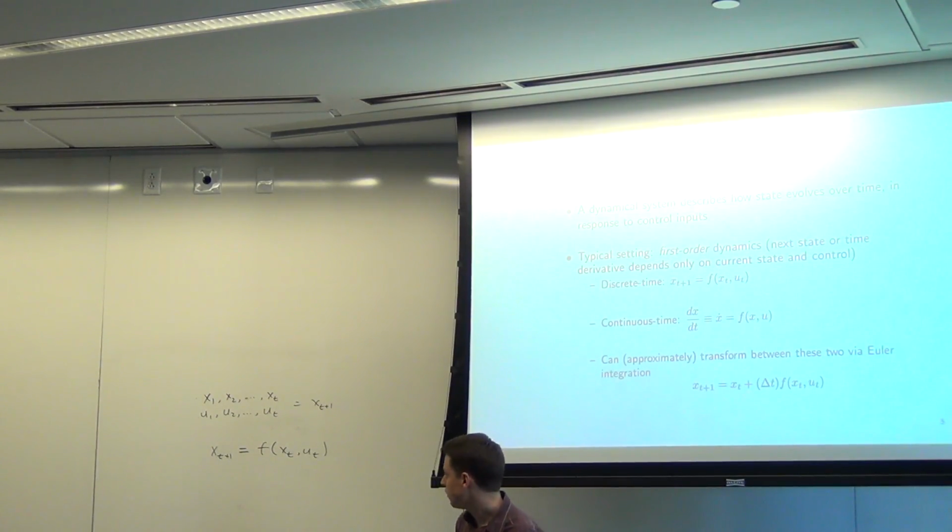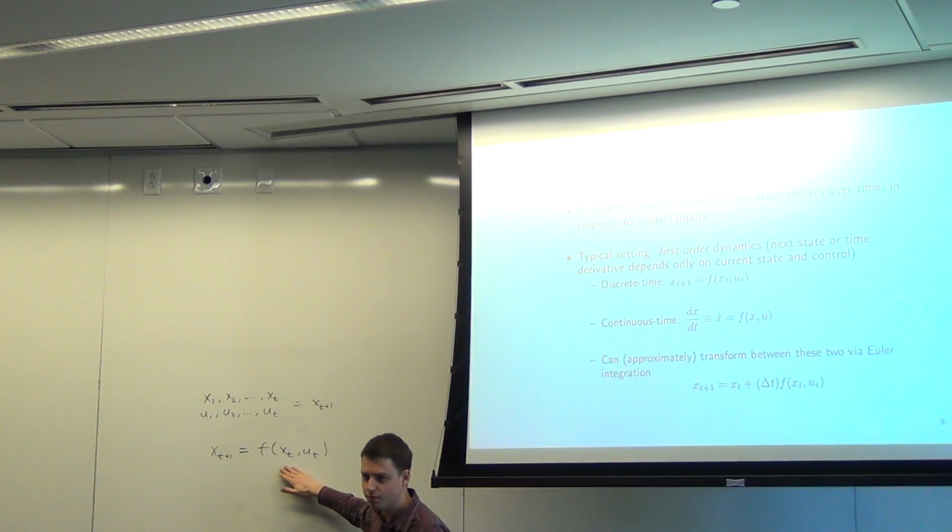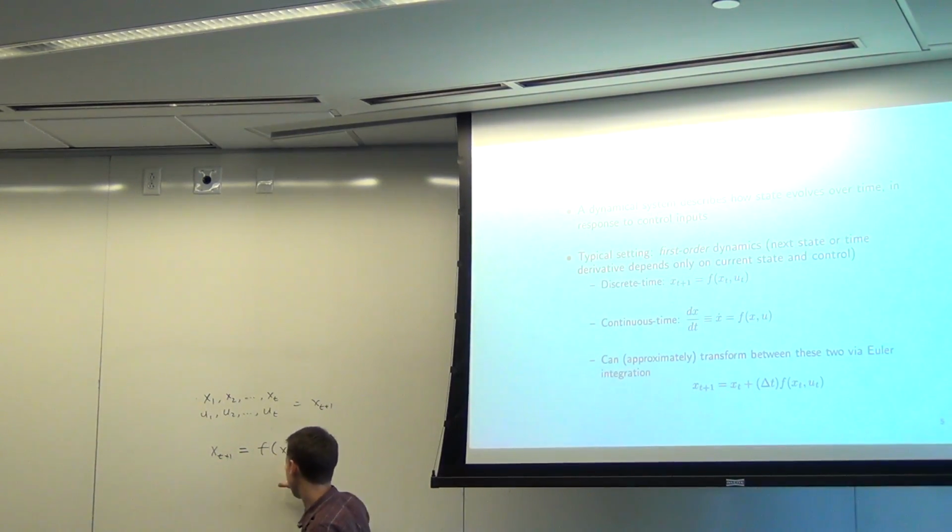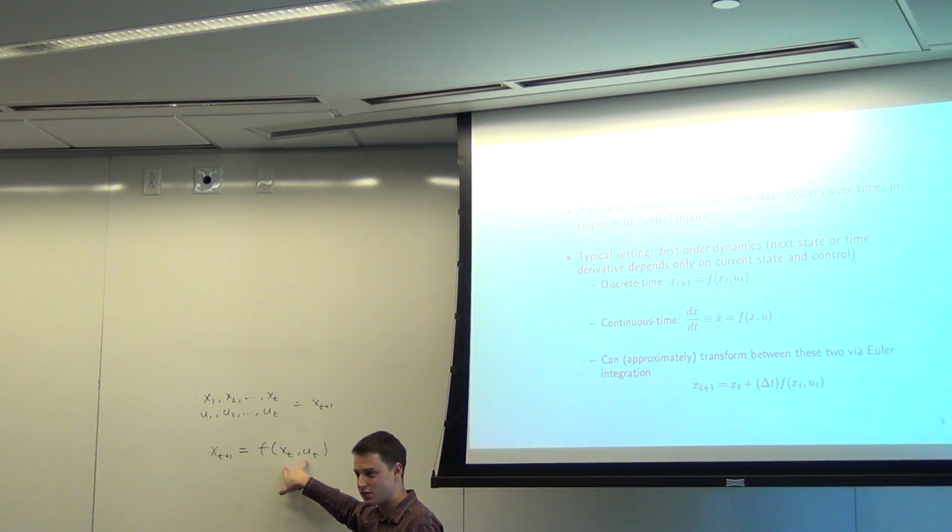This is what's called a first-order dynamical system, because the next state is only affected by the current state. So it's only first-order effects. I guess xt minus 1 would be second-order effects, etc.